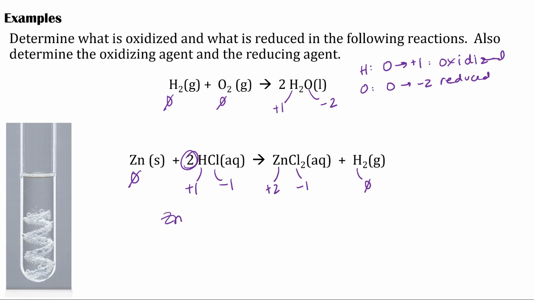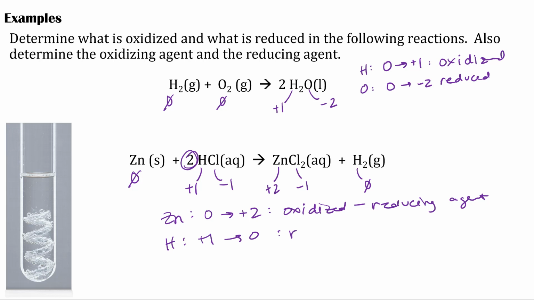So zinc went from 0 to +2, so that's oxidized, so it's the reducing agent. Hydrogen went from +1 to 0, so it went down, it was reduced, so it is the oxidizing agent. This is actually a picture of zinc in HCl right here.